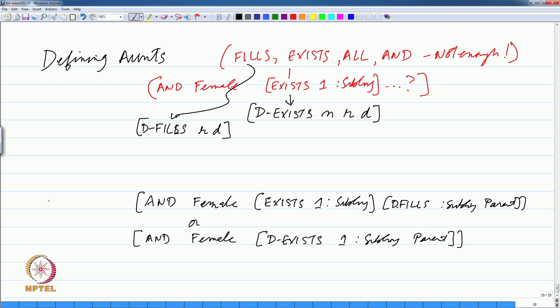So, let us say this is a definition for aunt in our new language.